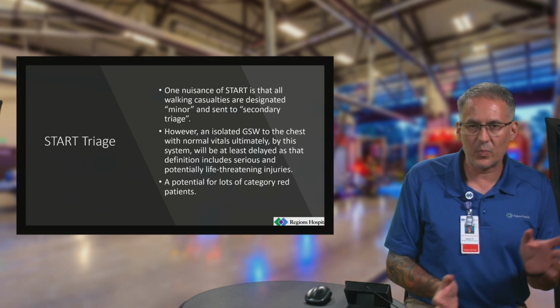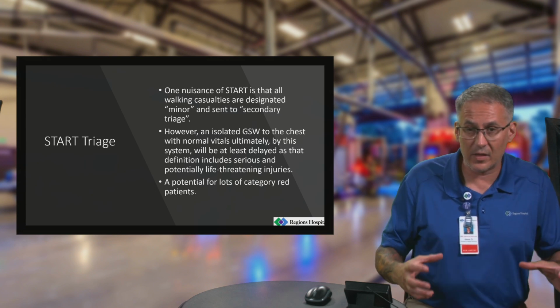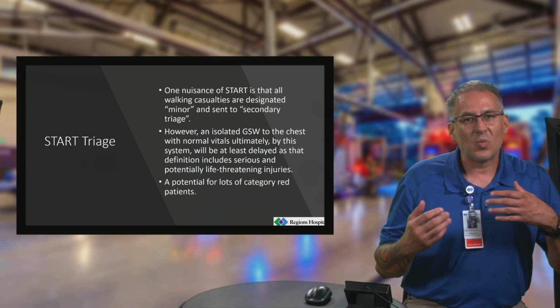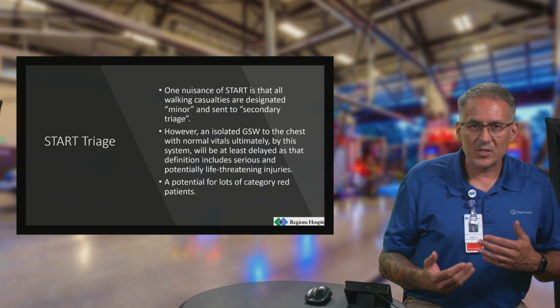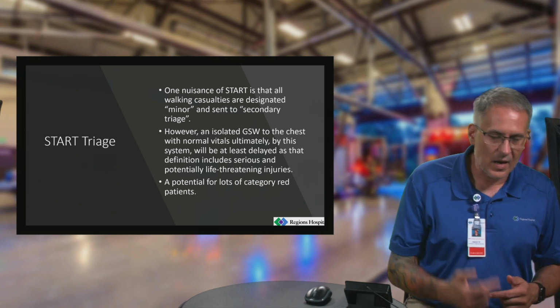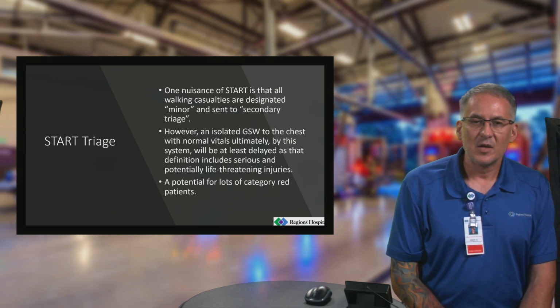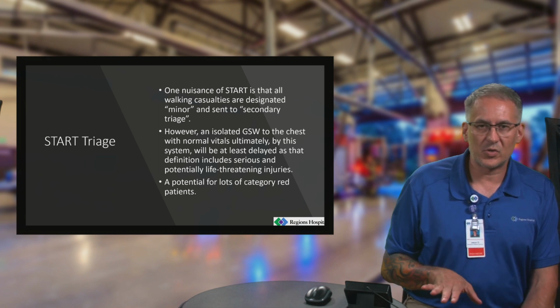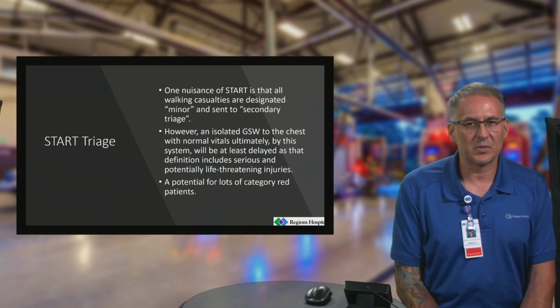So they will get reprioritized, or they might just get moved out of the red category to the yellow or to the green. So once they get to transport, they're going to get eyes on them again. Once they get to the hospital, they're going to get eyes on them again. So that initial triage isn't the only triage. They're going to be looked at multiple times.